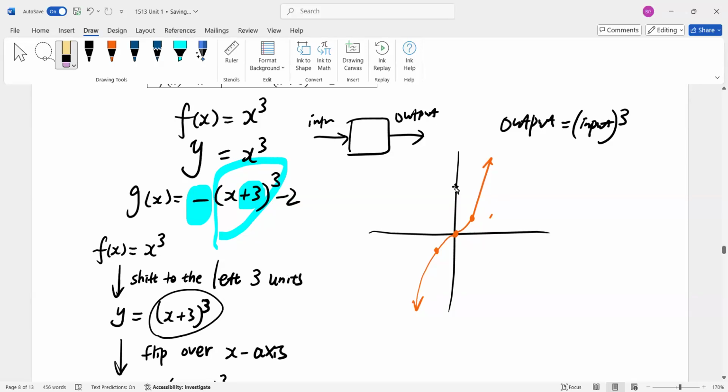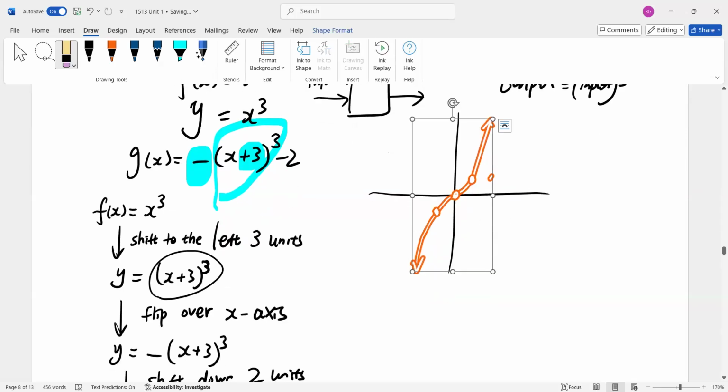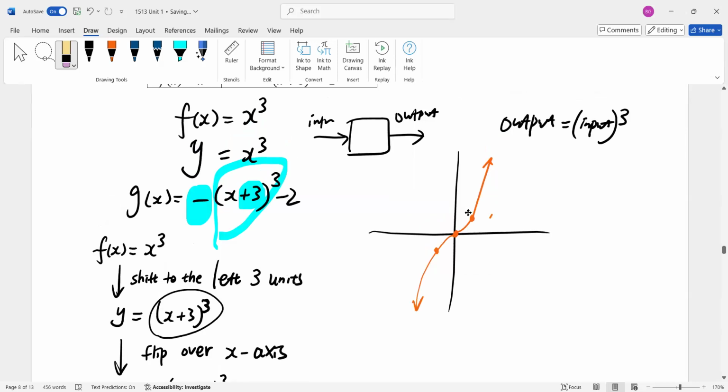Okay. So firstly, shift to the left 3 units. It doesn't really let me do it. Oh, yeah, it does. So 3 units: 1, 2, 3, 4, 5.